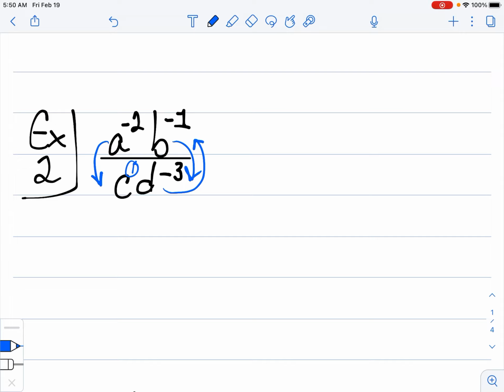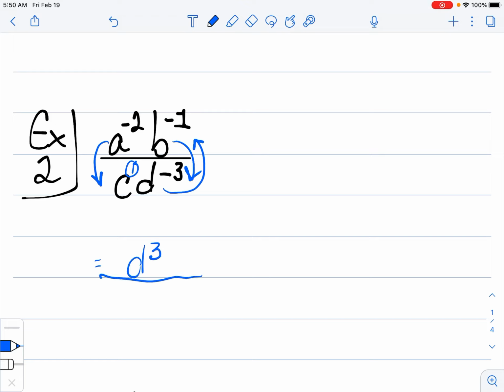So I'm going to pause for a second and allow you to hit the pause button and get your final answer before I move on. Okay, so here's what we're going to do. I'm going to move my d up to the numerator, so I'm going to have d to the third power on the numerator.